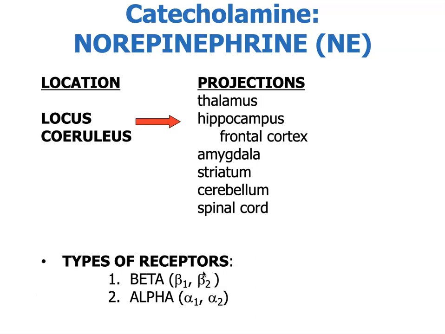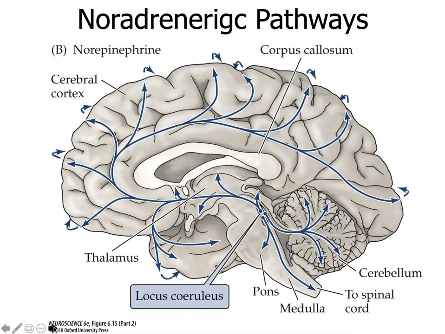So beta blockers are often used to combat those symptoms. Alpha adrenergic blockers are used for cardiovascular disease and also psychiatric disorders. So they're often used as a sedative to sort of bring you back down and sedate the individual.